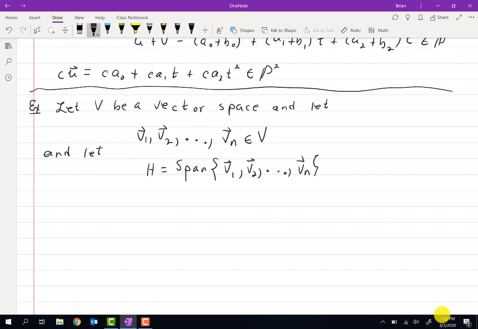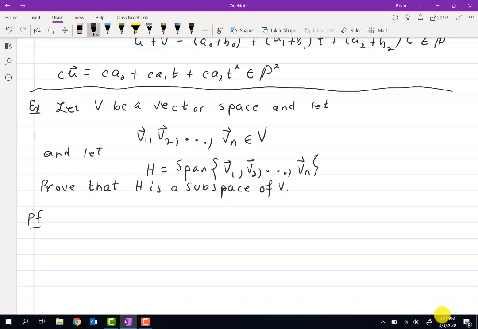So, I want to prove, before I do anything else, that H is a subspace of V. All right, so you'll remember vectors in H are going to be linear combinations of these vectors.